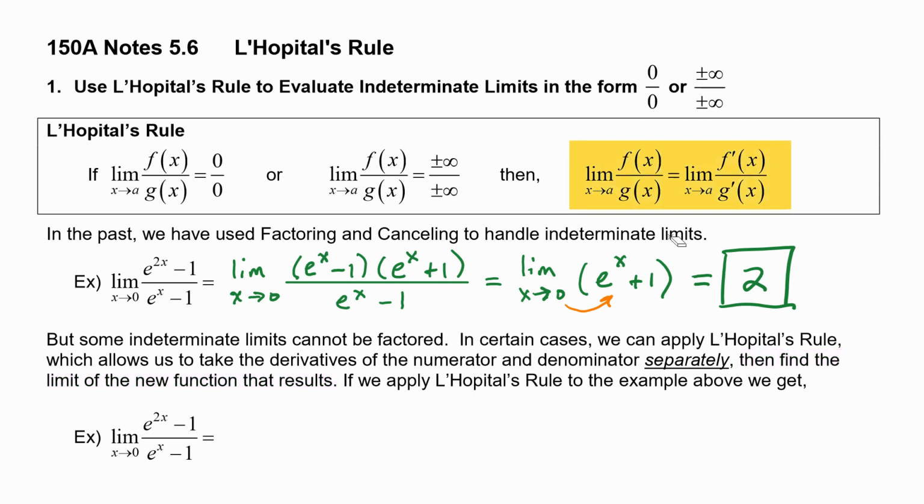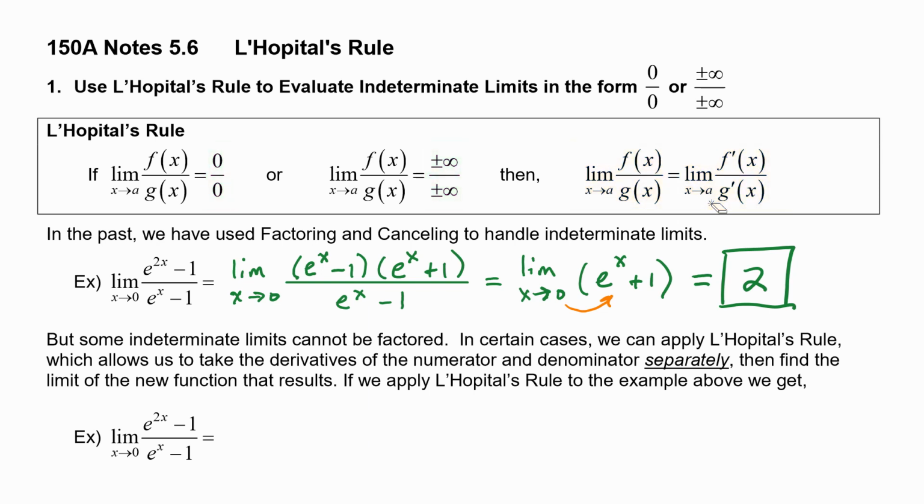And that's what this rule is saying. If we have the case where the limit as x approaches a of f of x over g of x is either 0 over 0 or some form of infinity over some other form of infinity, then what we can do is take the derivative of the numerator and put it over the derivative of the denominator and take that limit.